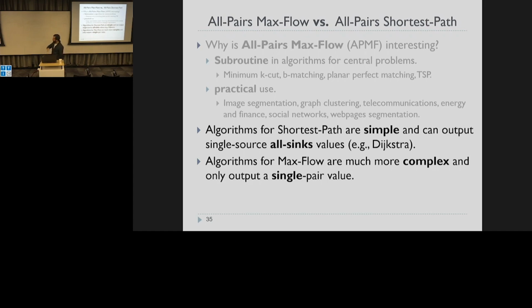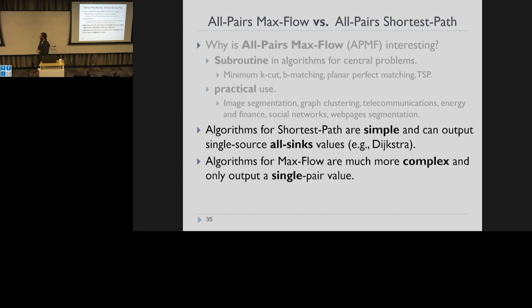Now, as far as more in the direction of theory, arguably it's interesting also because we can think of it in comparison with the all pairs shortest path problem. So if we're talking about one pair of nodes, just one pair S and T, then algorithms for shortest path are arguably simple and they are strong.